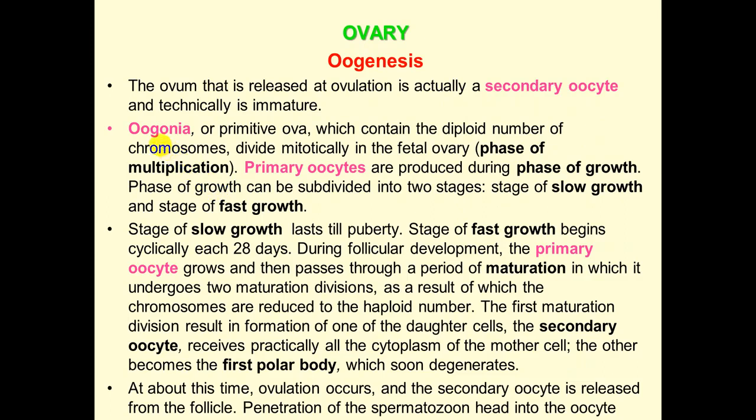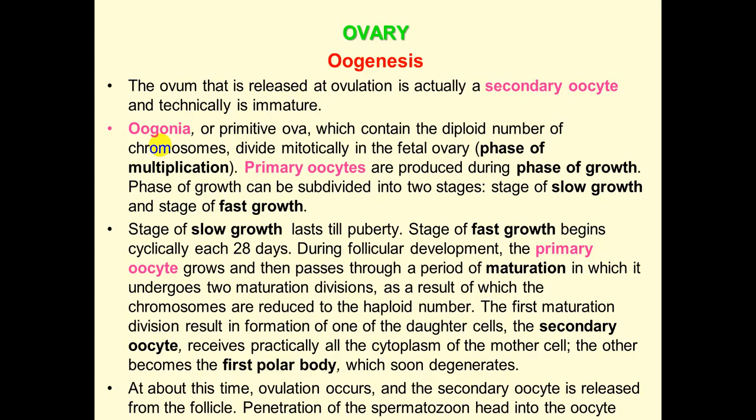In my last lecture, I told you about spermatogenesis. Spermatogenesis is the development of the spermatozoa, male gametes. Female gametes, ovums, also develop as a result of the process of oogenesis.